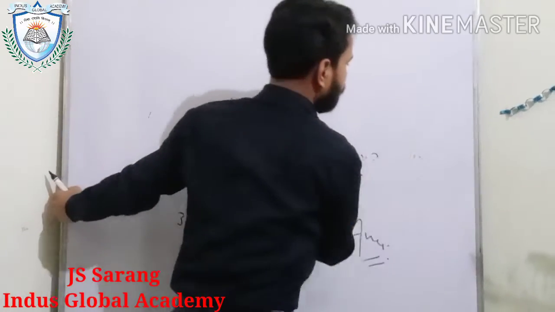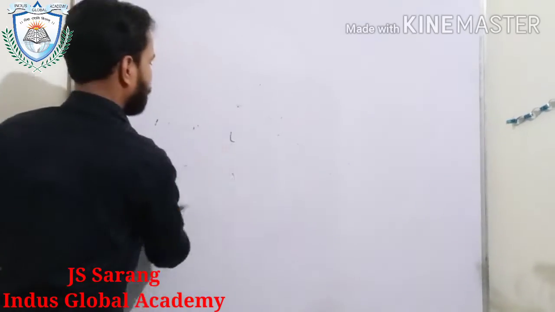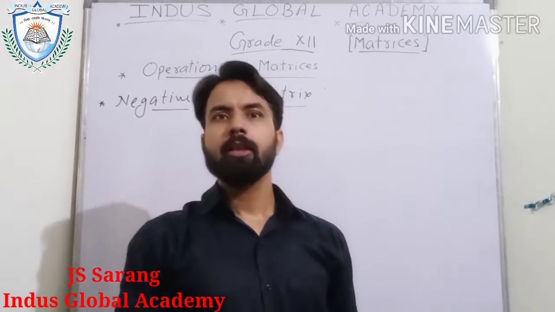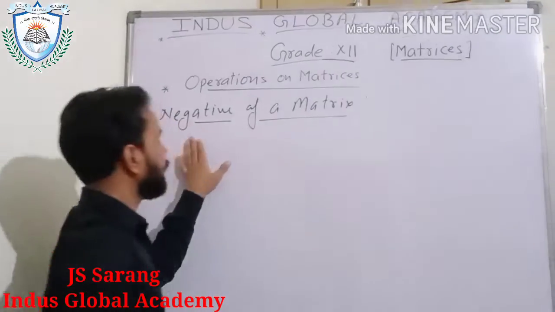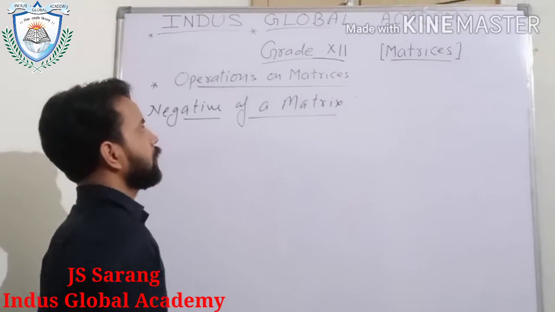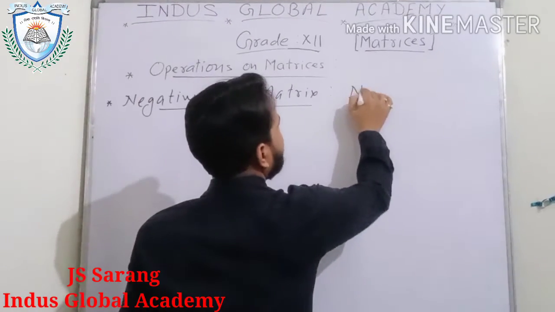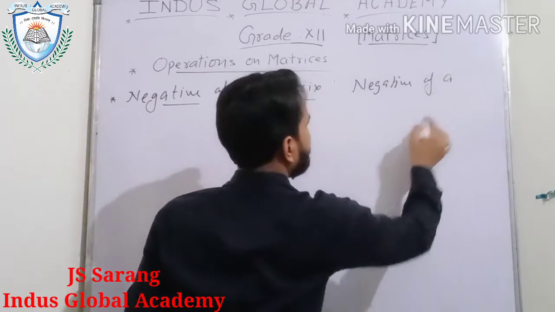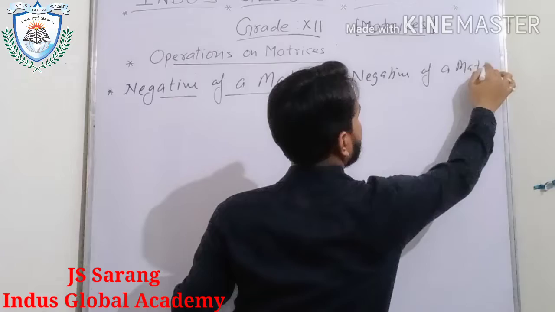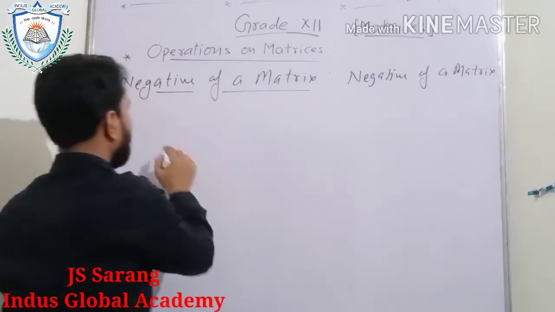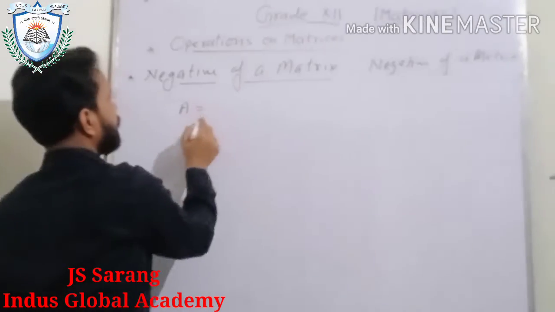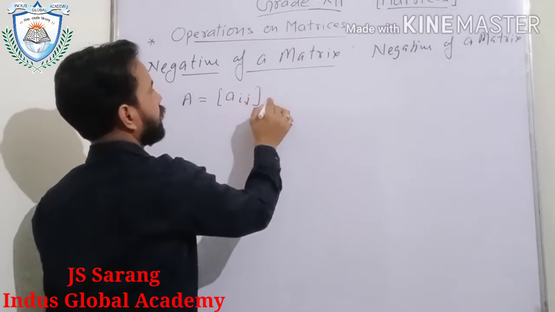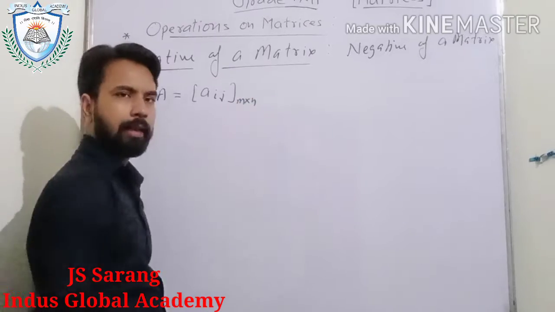Now we will discuss the negative of a matrix. Students, now we will discuss the negative of a matrix. So, negative of a matrix A, Aij of order m by n.